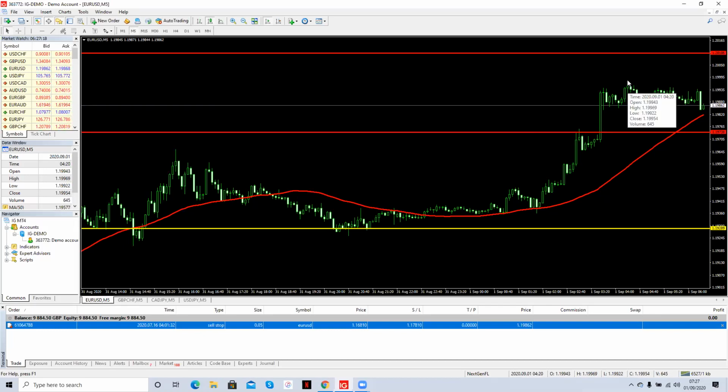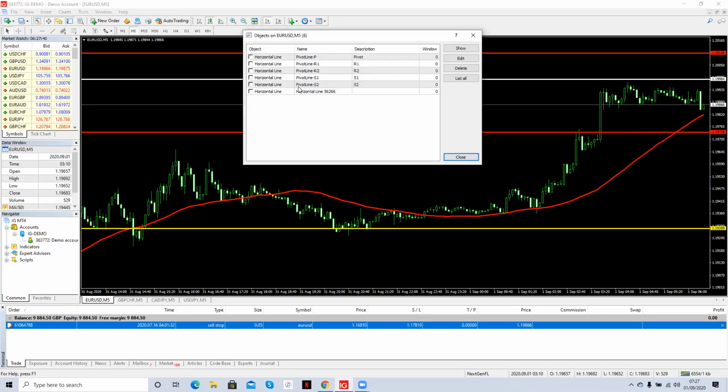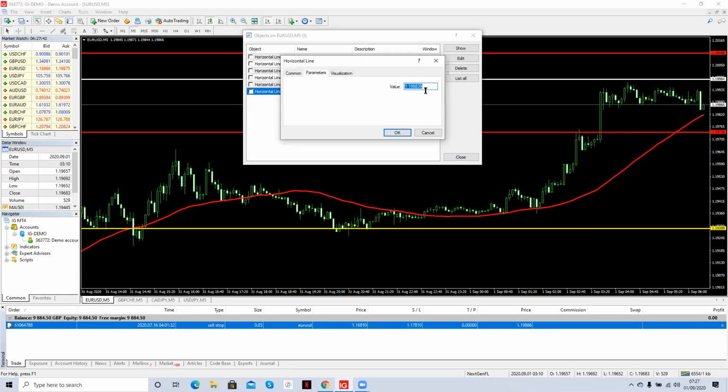So that's the highest point of the sideways trend. And either this or this is the lowest point. But let's start with the highest point. That's the candlestick there. The high there from the data window is 1.19969. So I'll round that up to 1997. So that's the high.